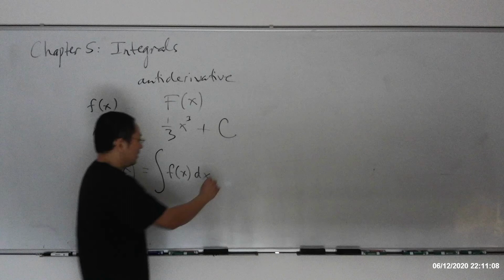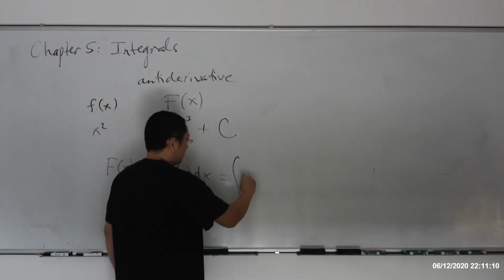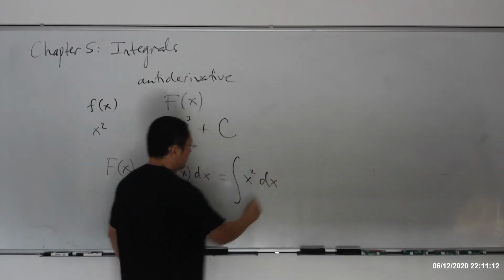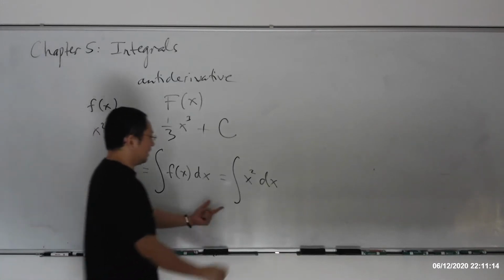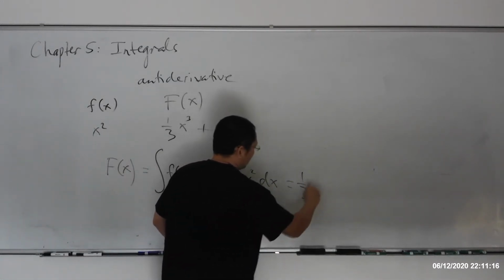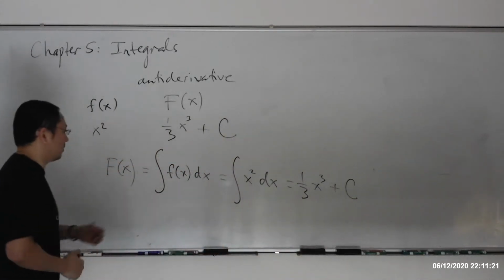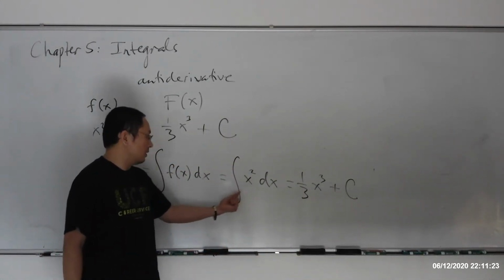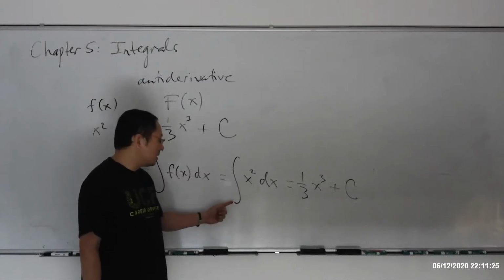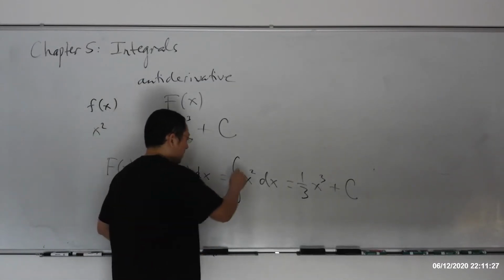The integral of x squared dx in this example is 1/3 x cubed plus c. So whenever you see this notation, you understand what we are looking for: the antiderivative of whatever the function inside.